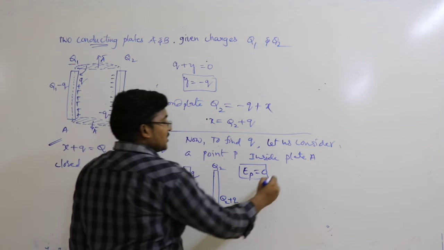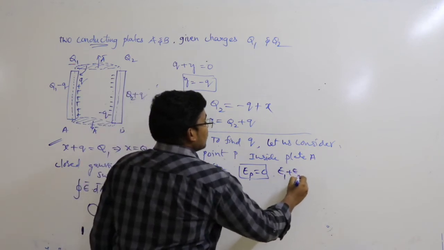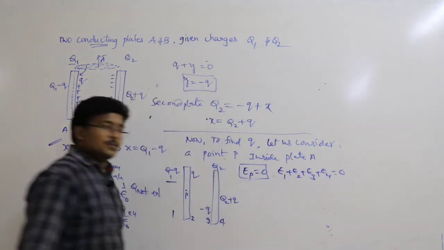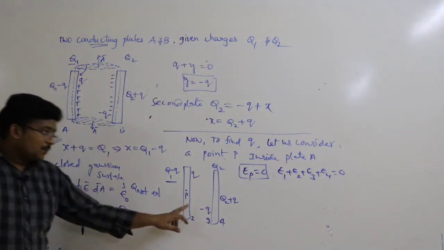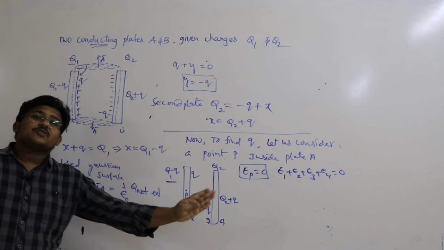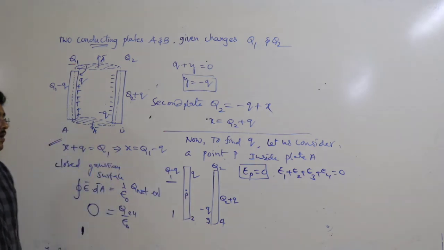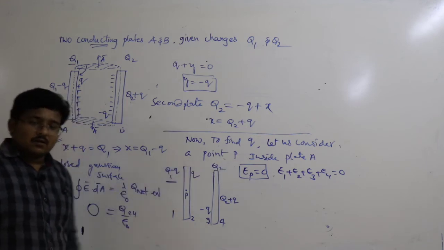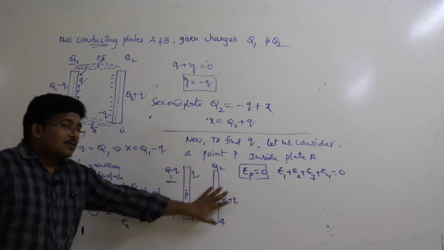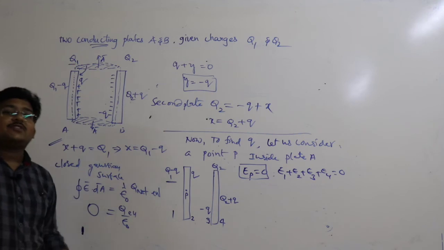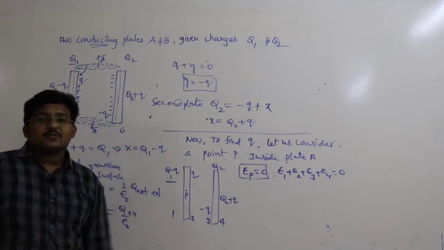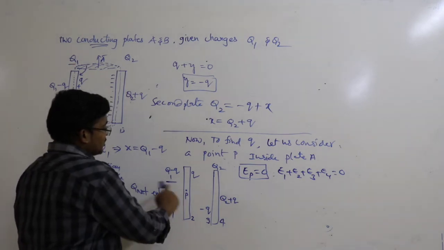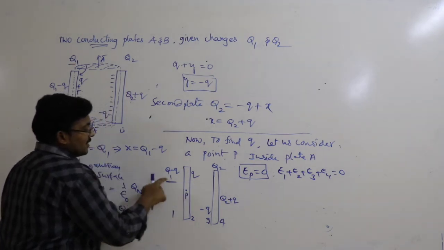Now what this means is, E due to first surface, E due to second, E due to third, E due to 4 must be 0. So at the point P, due to all the surfaces, electric field will be 0. Now what I am saying, electric field due to first surface will be right side, and all the other electric fields must be left side, so that they cancel each other, field will be 0. That is why I am taking, at this point P, field is this side due to this one.